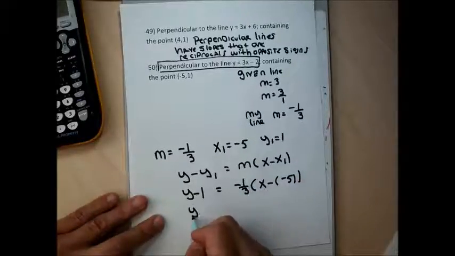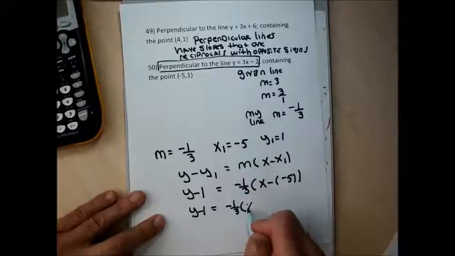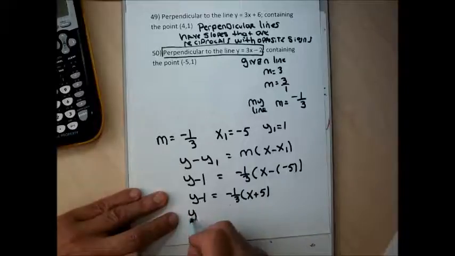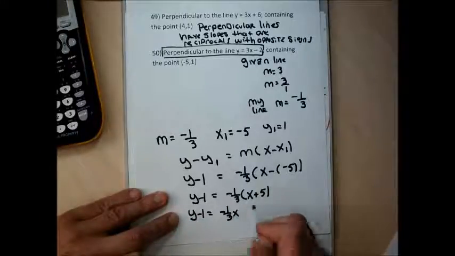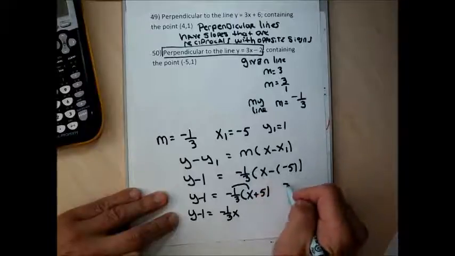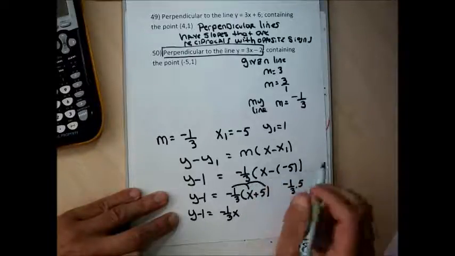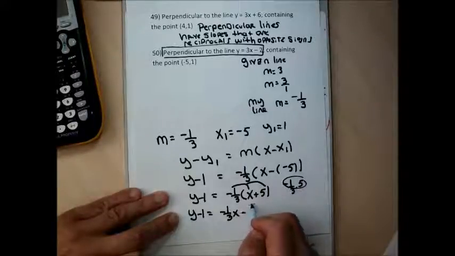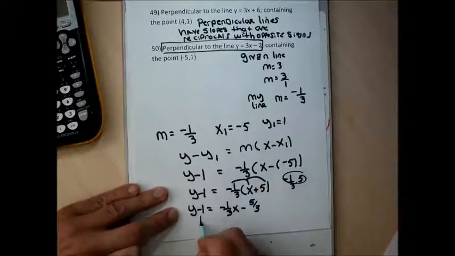So I'm going to get y minus 1 equals negative 1/3 times x plus 5. That's going to give me y minus 1 equals negative 1/3 x when I multiply the negative 1/3 times x. When I multiply the negative 1/3 times 5, I'm just going to multiply the negative 1 and the 5 and get minus 5/3. Now I have to add 1 to both sides.